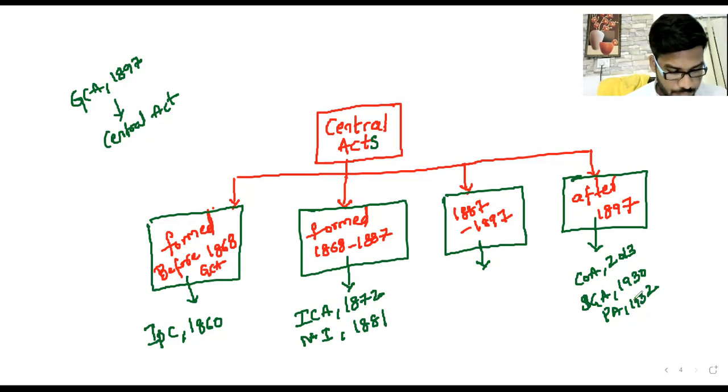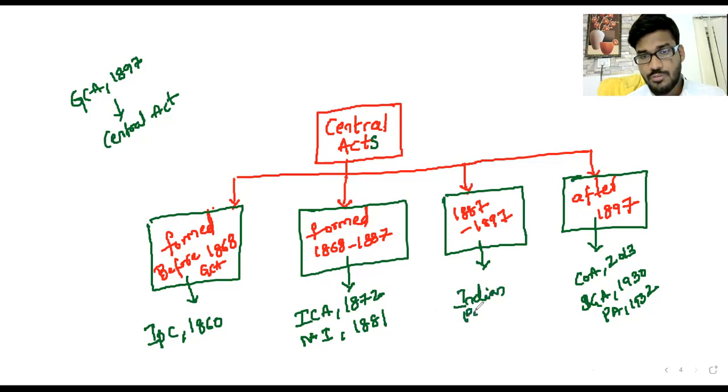Wait, sir, one minute. The Indian Post Office Act 1898. So like that, these are the acts. Central Acts are formed before 1868, between 1868 and 1887, between 1887 and 1897, and after 1897.